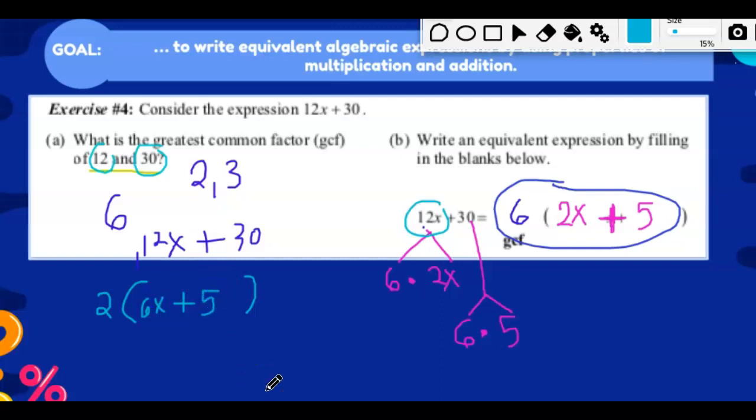Okay. So here, Kenny, if I get 3 as our common factor, common, not greatest, because we know greatest is already 6, what will be the other quantity inside?